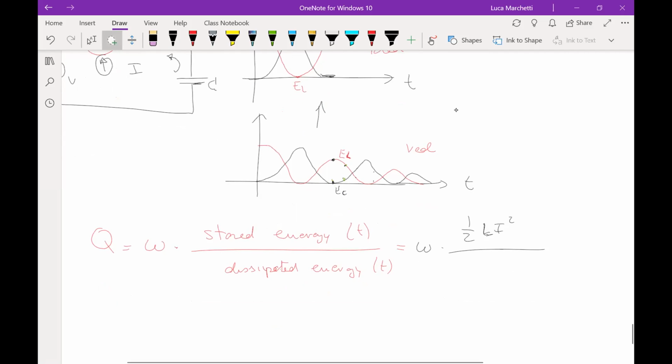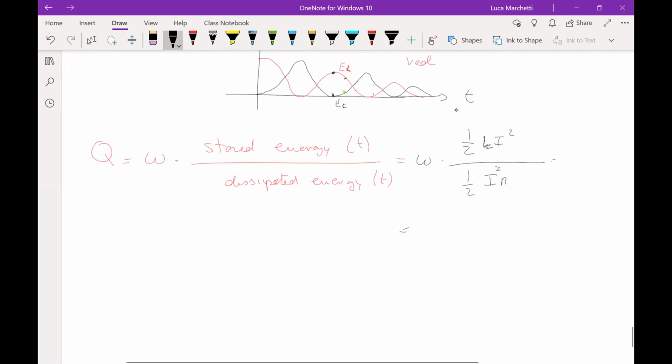How much is the dissipated energy? Well, you know from ELEC still, I hope, that the dissipated power is equal to V times I, and this can be written also as I squared R, right? This is the power in the resistance.